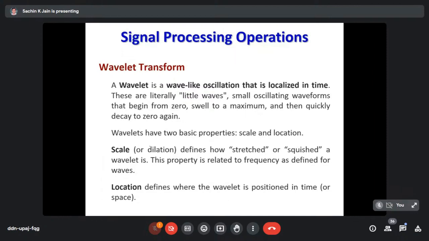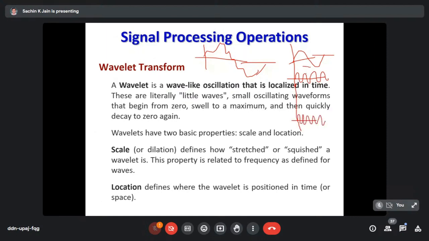So what happens in Fourier transform? As I have told you, in the Fourier transform, if you have some signal like this, okay, then we can represent that it consists of one frequency like this, it consists of another, high frequency like this, and it consists of another very high frequency component like this.